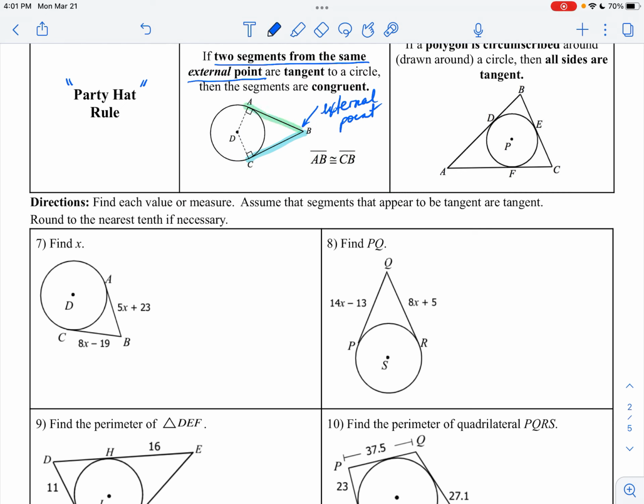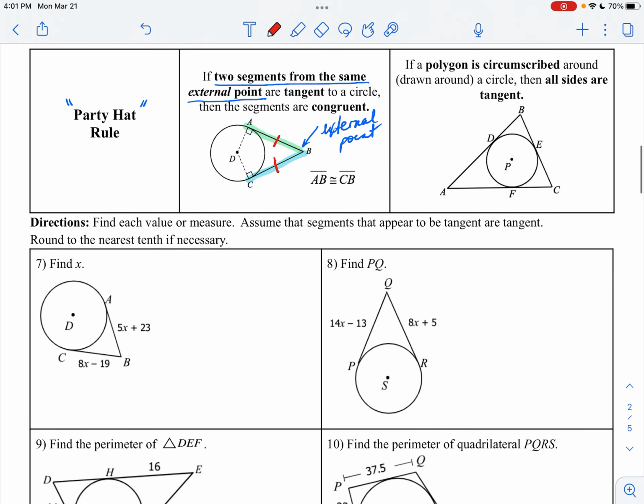And again, they're perpendicular to the radii. That's how we know that they're tangents. So what we can conclude as a result of that, in this setup, is that these tangent segments have to be congruent.